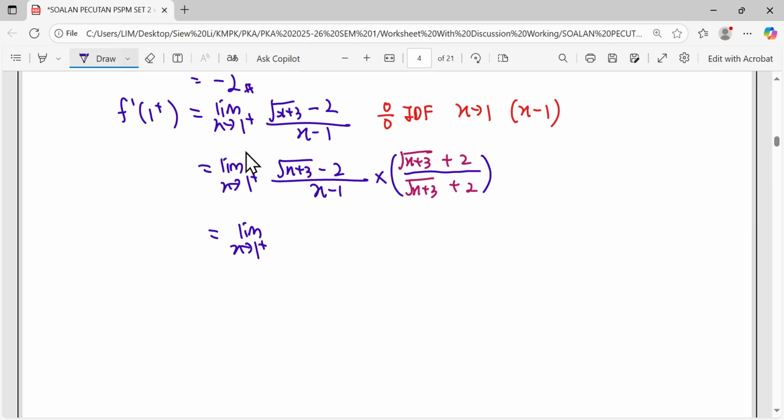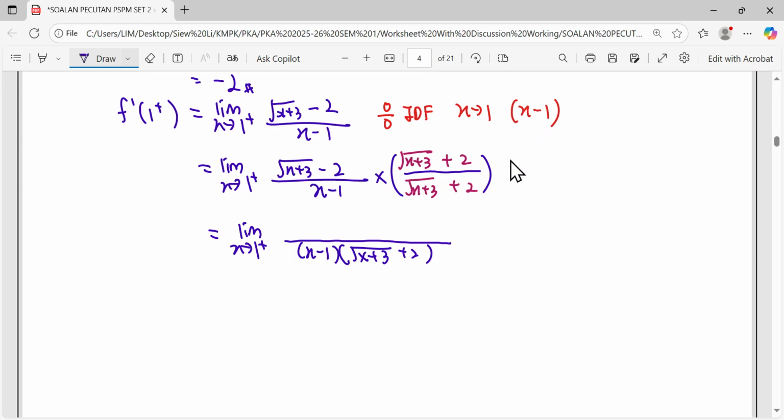Limit notation still written, and we try to simplify with our conjugate. Do we need to expand the denominator here? No need, because we need x minus 1 to be cancelled. So you maintain this factor x minus 1. So multiplied with this conjugate, we just write in product form, not expanded. At the numerator, we expand so that we get x minus 1 to simplify the 0 over 0 with the bottom.